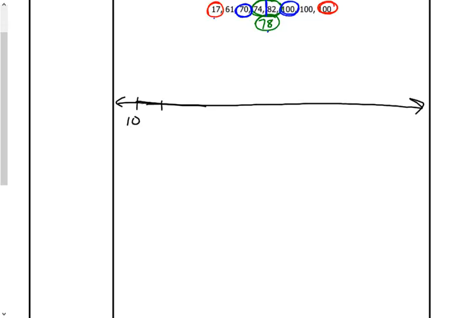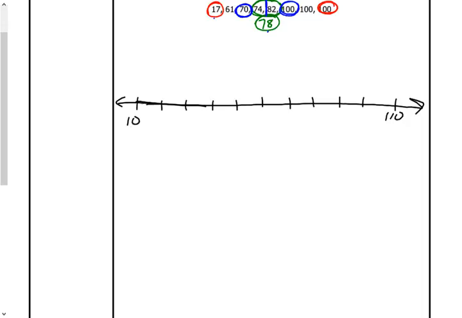So 20, 30, 40, 50, 60, 70, 80, 90, 100, 110. There we go. Okay. You'll notice I'm taking care. This doesn't have to be exact with a ruler. I mean, yours probably could. I'm trying to do it on a smartboard. But I'm taking care to at least get this somewhat to scale. The whole point is that your box and whisker is to scale.